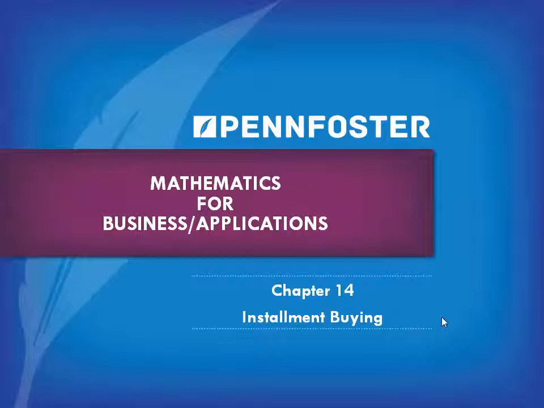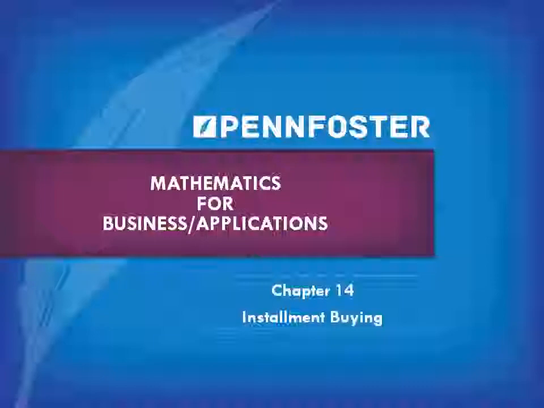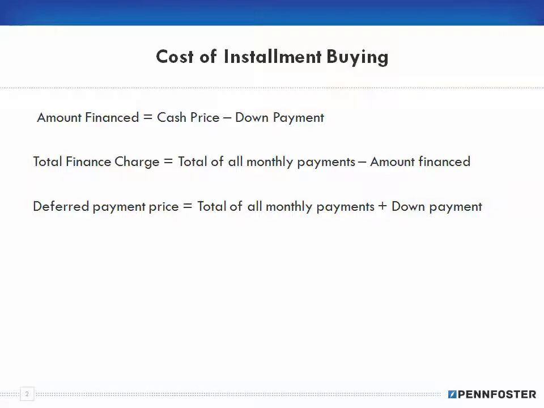All right, with that, I'm going to move on to the new slide. We're going to talk about the cost of installment buying, and jump right into how the previous ratios pertain to installment buying.